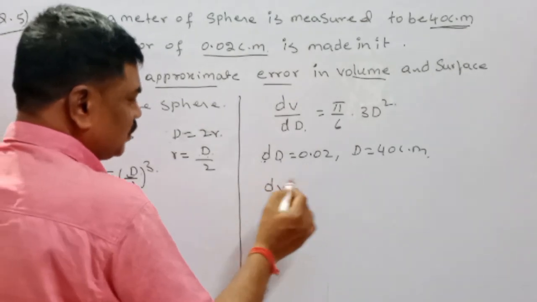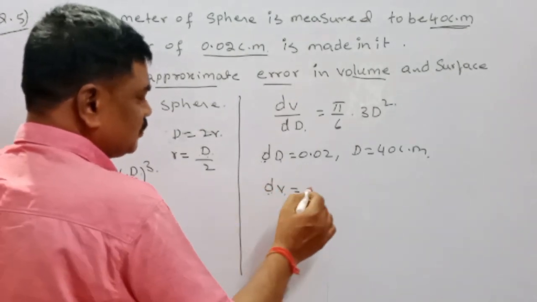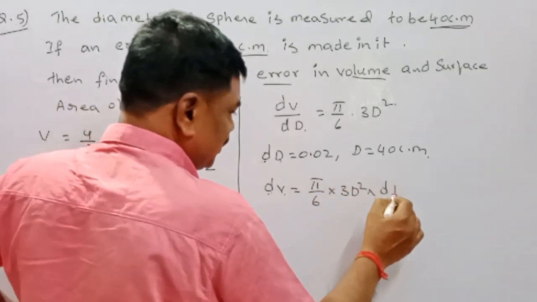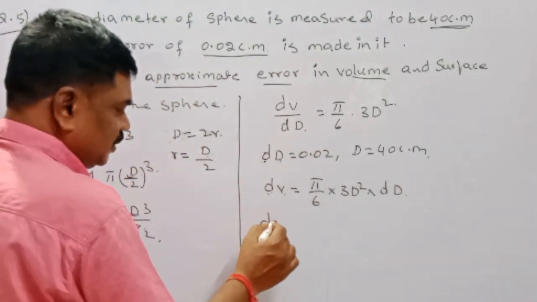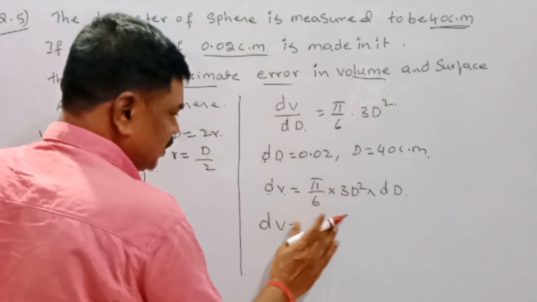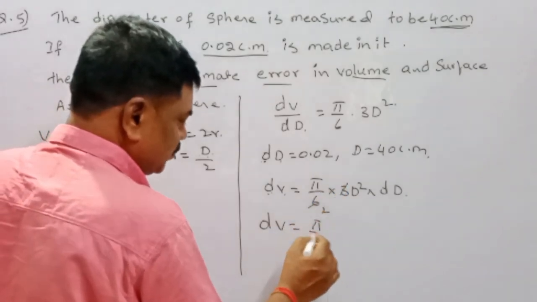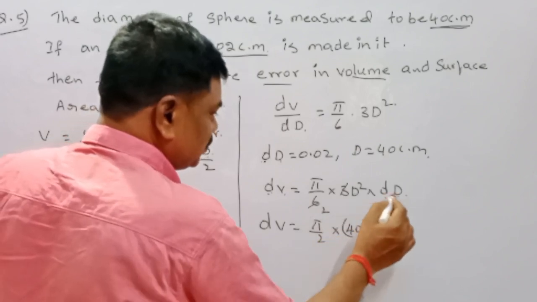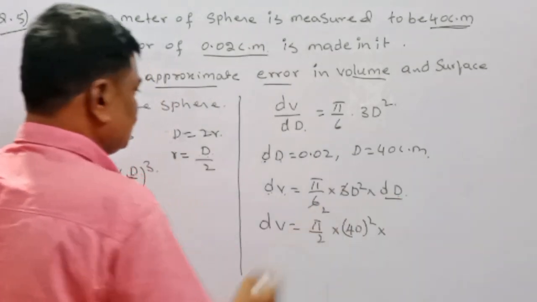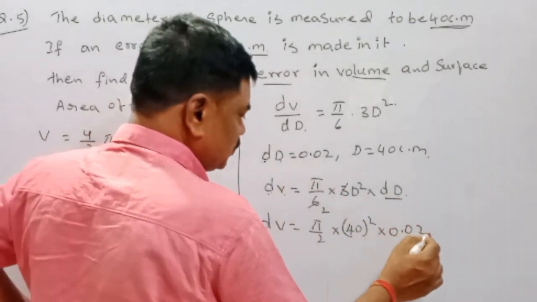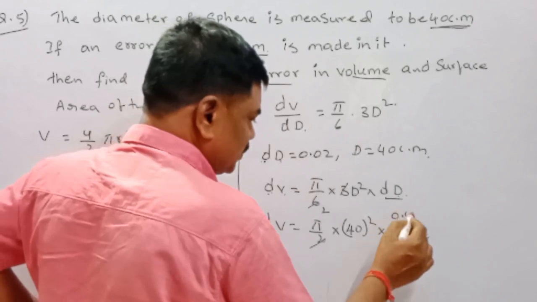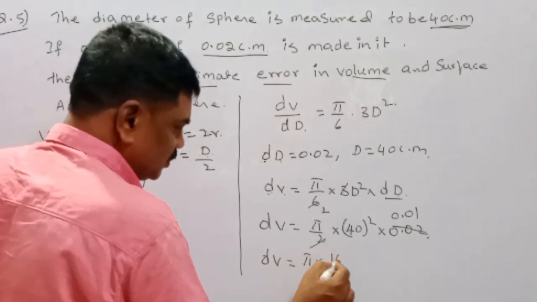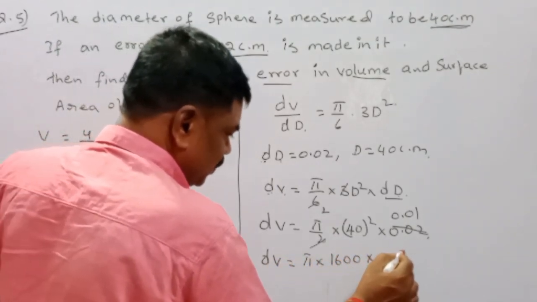Then dV, the error in volume, is equal to pi by 6 into 3D square into error in diameter. dV is equal to pi by 2 into D square, 40 square, into error in diameter 0.02. Then dV is equal to pi into 1600 into 0.01.